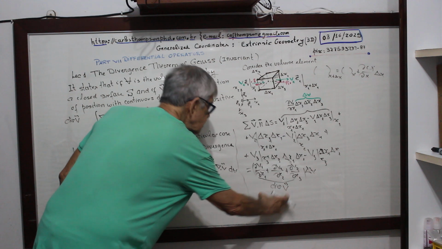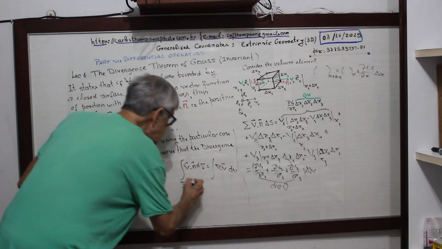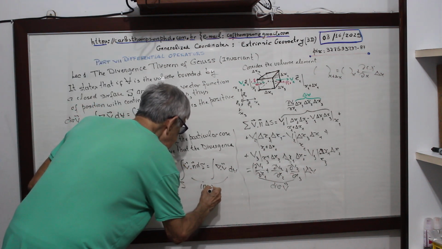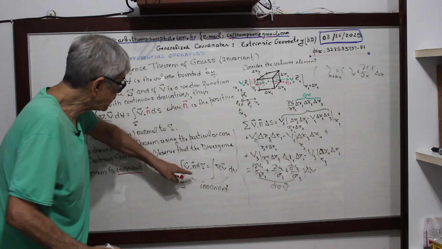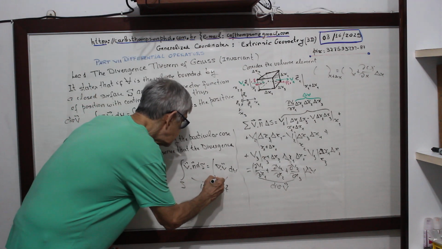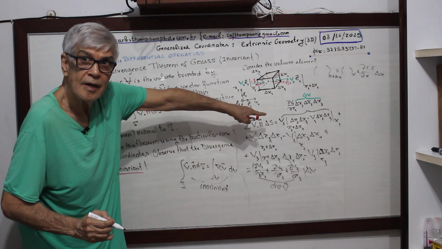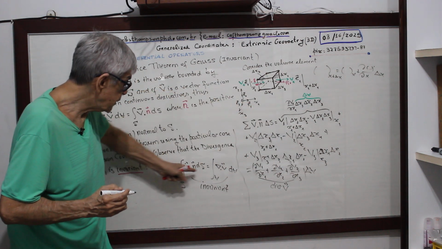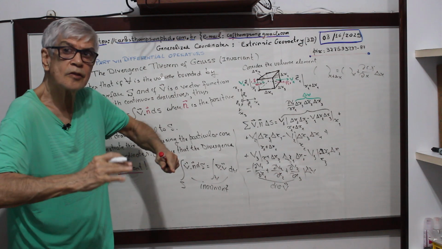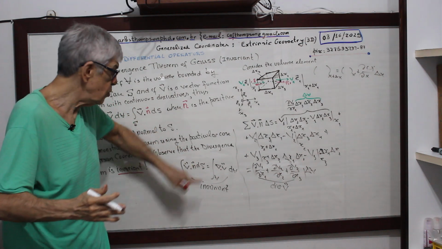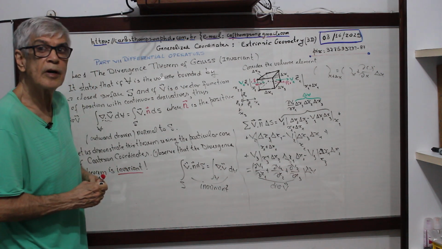See this divergence? That's it. So I demonstrated, attention now, that this is invariant. This is S, this is V. I obtained this using Cartesian coordinates. As soon as I obtain this relation, I forget which coordinate system I used to come up to this. So this is the divergence theorem of Gauss.